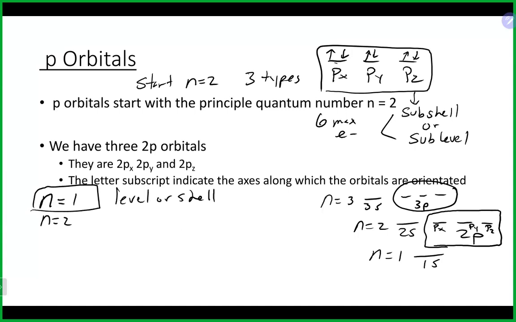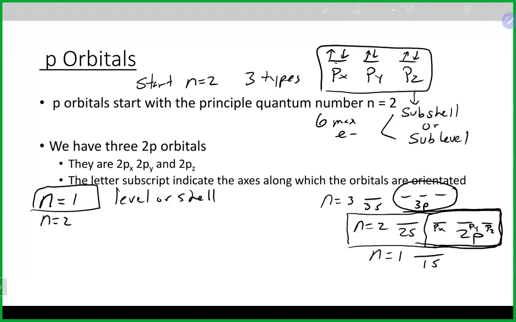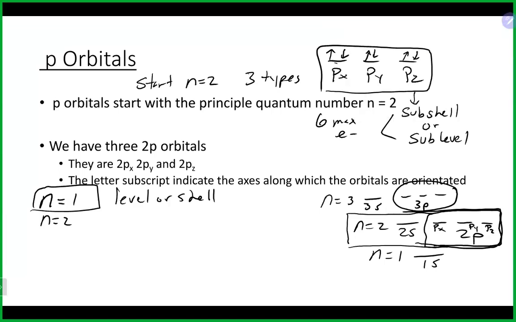For example, if I was talking about the n equals 2 shell or level, it would encompass everybody that's on there. Which, by the way, if I were to fill up that entire n equals 2 level or shell, how many electrons could I pop in there?